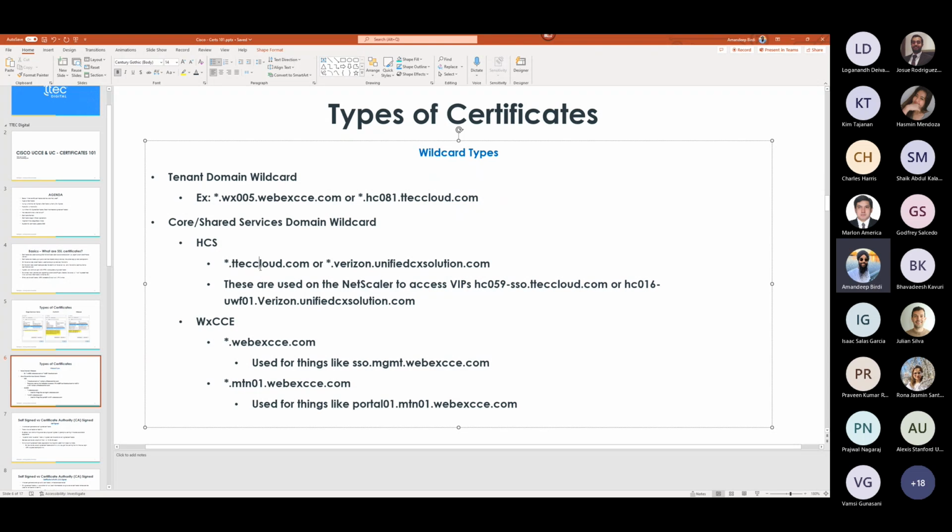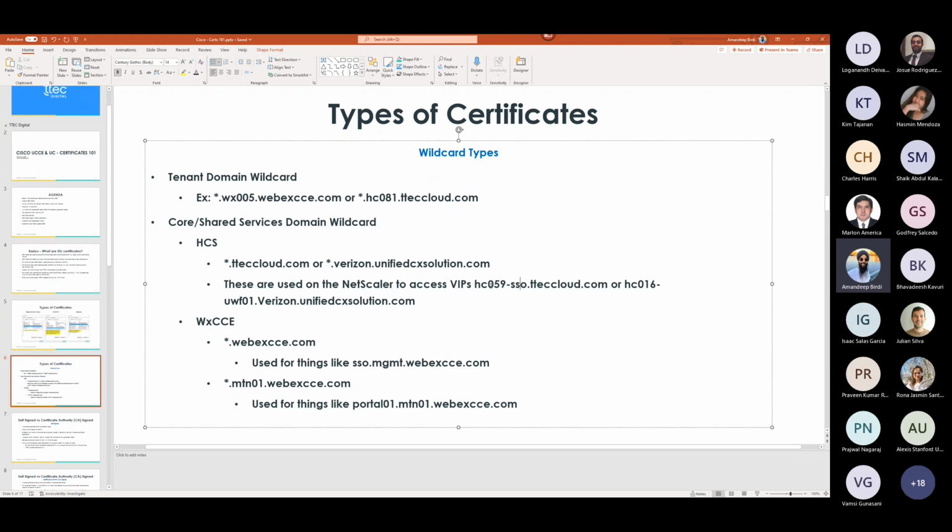These are used on the load balancer because of the way we were defining our VIPs in HCS. You notice that this is what the VIP for SSO or ADFS looks like for First Bank's ADFS, right? To access ADFS, this is the VIP that they use.